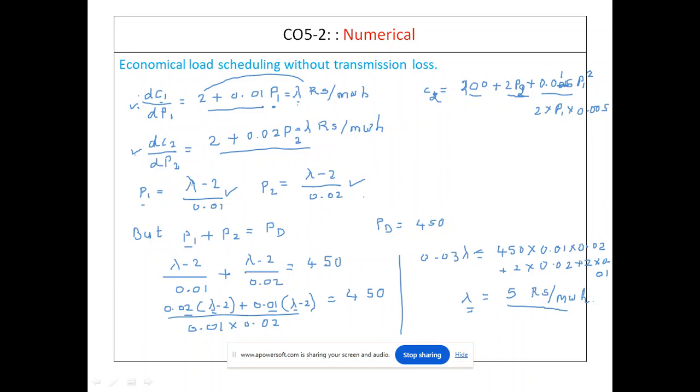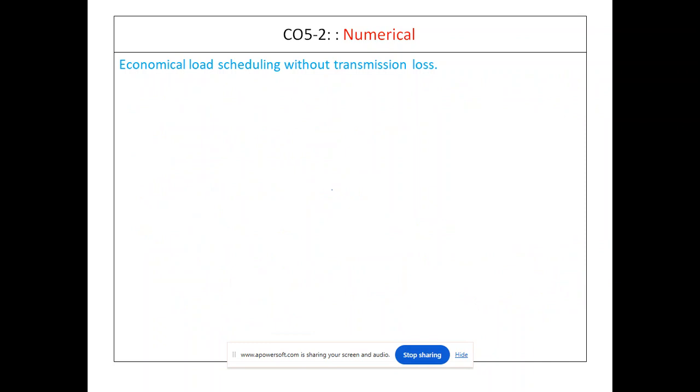So now we have a lambda value which is equal to 5. Now I will use the equation for P1. The P1 is (lambda minus 2) divided by 0.01. Substituting lambda as 5, (5 minus 2) divided by 0.01 will come out to be 300 megawatt.